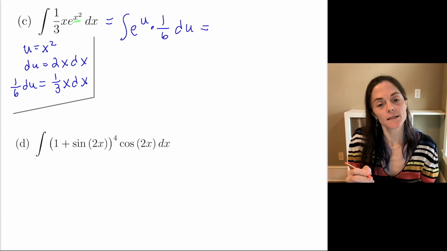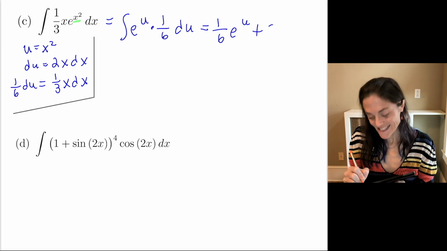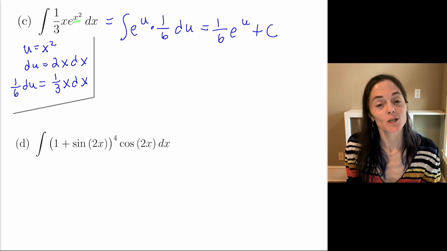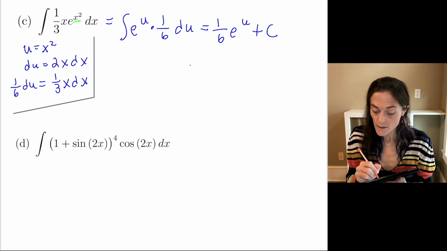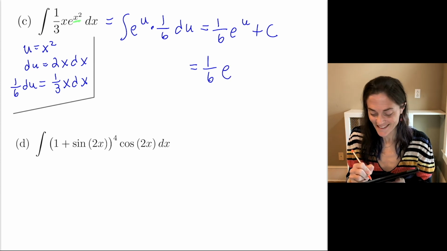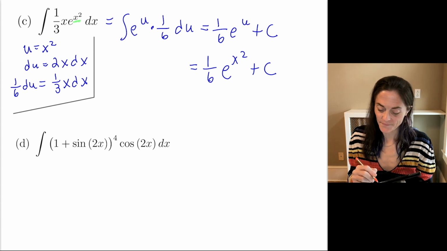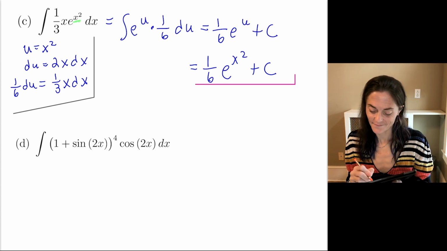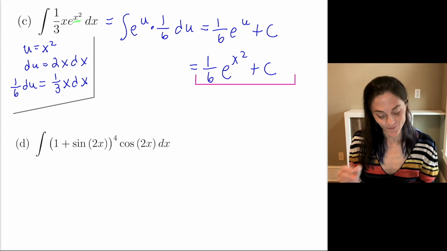Now we integrate e to the u. We have e to the u plus c. Final step of substitution is we go back to x, or whatever the original variable is. So here we have 1/6 e to the x squared plus c. This would be our final answer to letter C.